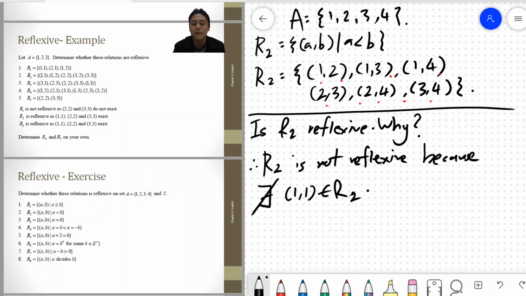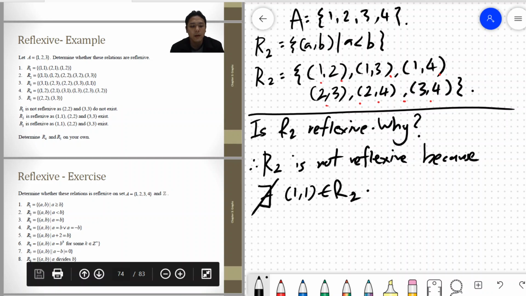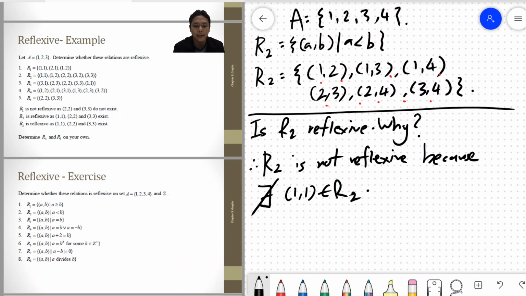You can also use another counter example. You can say that (2, 2) does not exist in R2, or (3, 3), or you can use (4, 4). But because this is a false statement, it's enough to show one false statement. Some of the students might also write different reasoning like this.